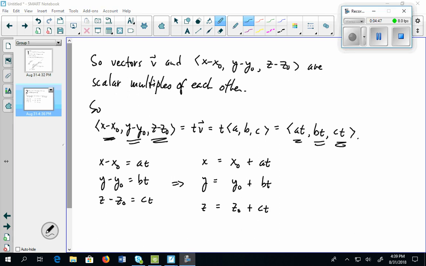So we can see that an equation of a line in 3 space can be given by a set of equations. We have 3 equations here. That's our set of equations. These equations are called parametric equations.